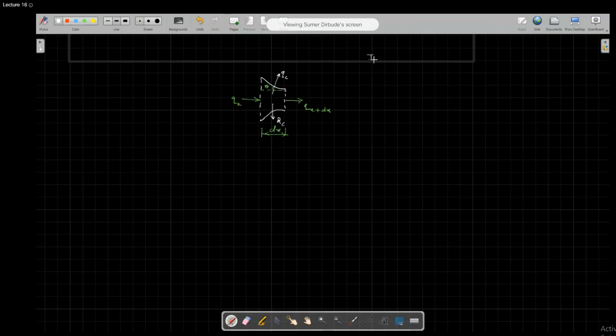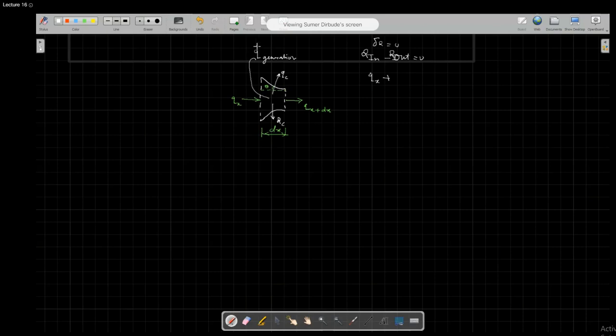So the balance del Q equals 0 is nothing but Q in minus Q out equals 0. So you can write Q in equals Q out, and that can be written as Qx plus, suppose there is a generation, Q generation is also there.